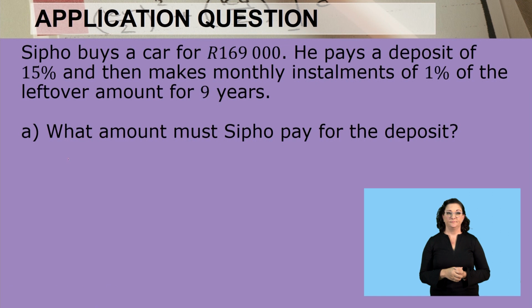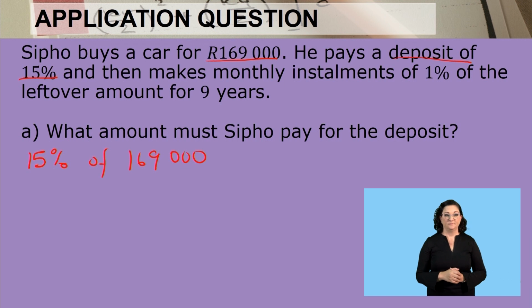So, what amount must Sipho pay for his deposit? The original amount is 169,000 rand. Because the deposit is 15%, we're going to find 15% of 169,000.